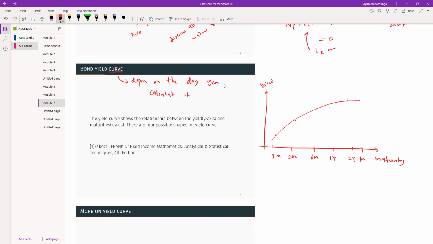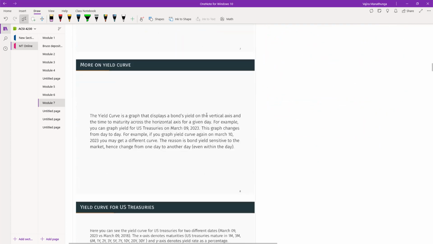If you calculate it today, and then do the same thing tomorrow, it's going to be different, because yield rates will differ depending on the market condition.